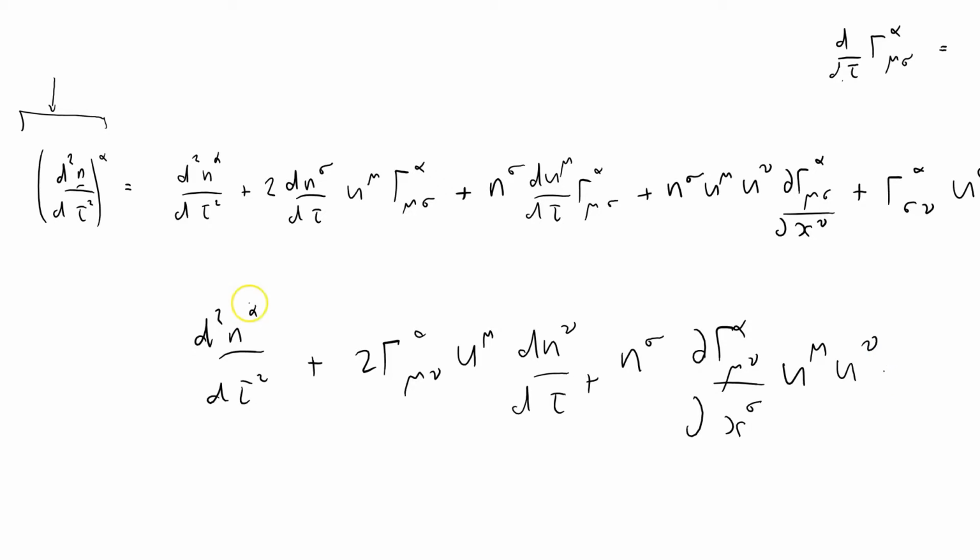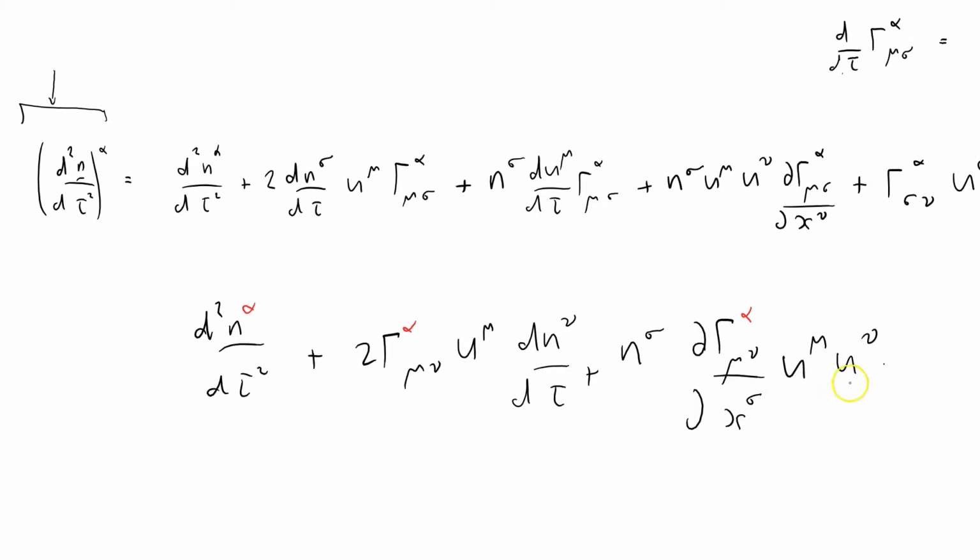So alpha's free. Actually, what I'll do is I'll get rid of alpha everywhere it occurs and just shade it in red just to check. So there's an alpha there, and an alpha there. That's right. And the sigma is summed, the mu is summed, and the nu is summed everywhere they occur.